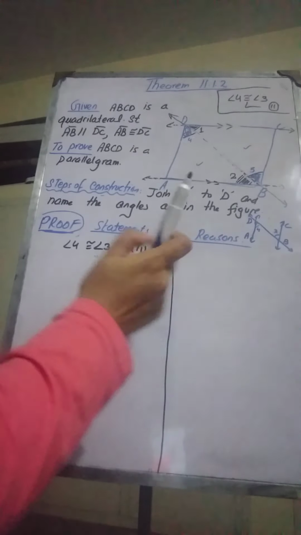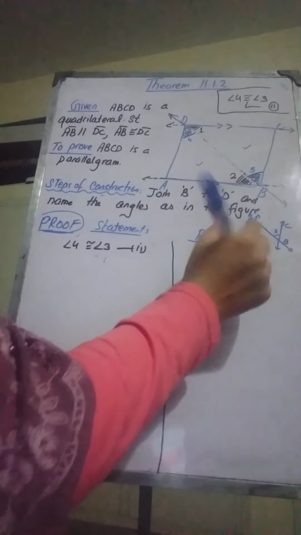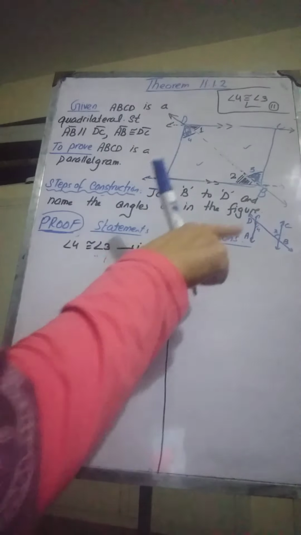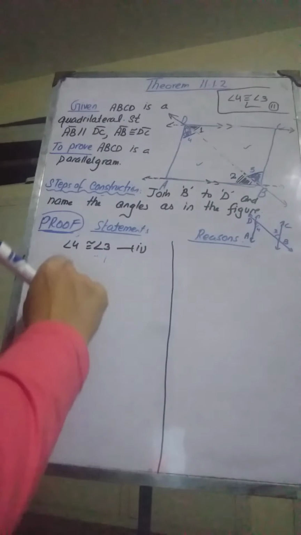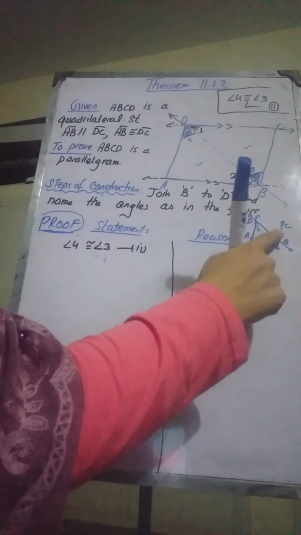Therefore, by using the theorem which I have discussed earlier, that if the alternate angles are congruent, then the lines are always parallel. Angle 4 and 3 are alternate angles of these two lines and this transversal. So angle 4 is congruent to angle 3.